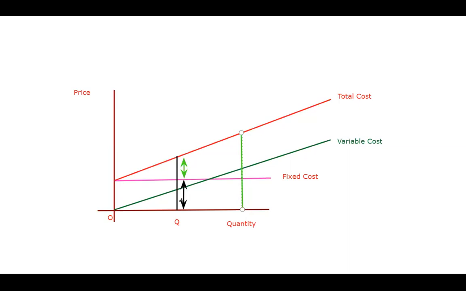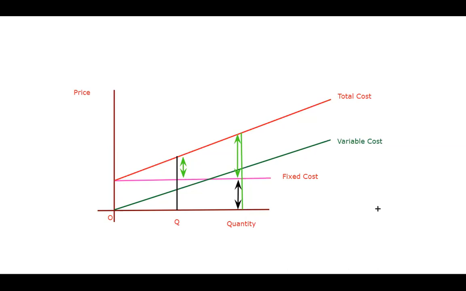The rest is your variable cost. Again, how much is fixed cost? This much. Same. Fixed cost doesn't change. But variable cost, look at this one, will change. It was this much in here, but now the variable cost is too high. From here till here, that much is your variable cost.